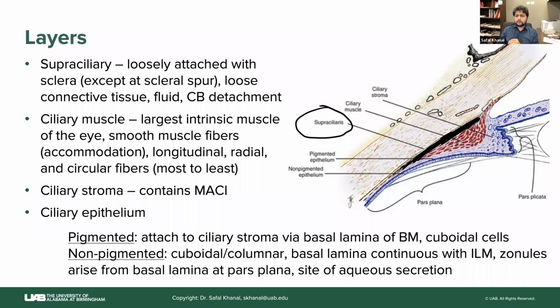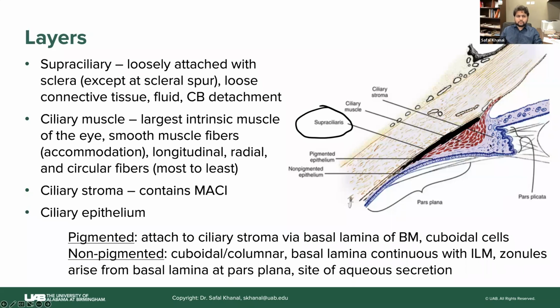And then your ciliary muscle layer is just next to the supraciliary layer. You have your ciliary muscle layer, which is the largest intrinsic muscle of the eye. It has several fibers, three different types, in fact: longitudinal, radial, and circular fibers. The most number of fibers are of longitudinal type.